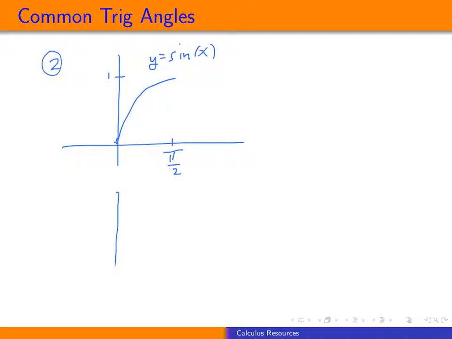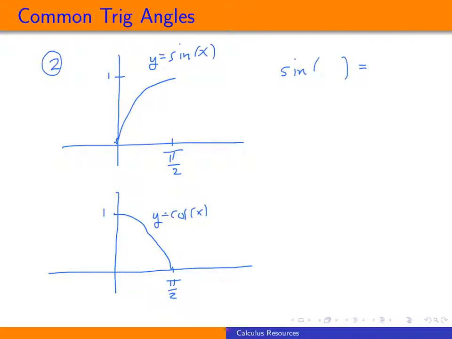If we look at cosine, once again from 0 to pi over 2, it will look something like this. And now, recall what we're trying to determine. Sine of what angle is going to be 1/2? Sine of what angle is going to be root 3 over 2?